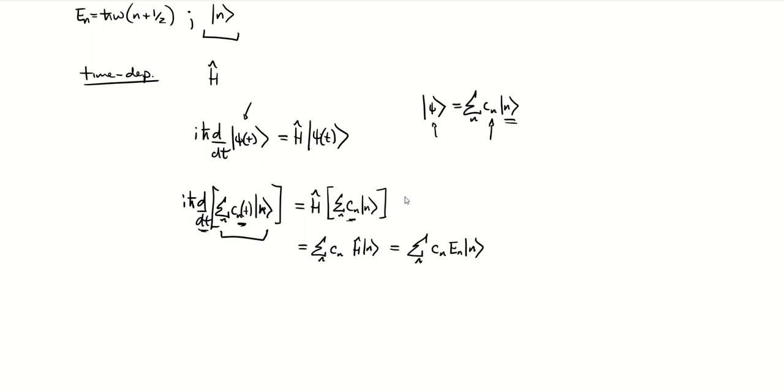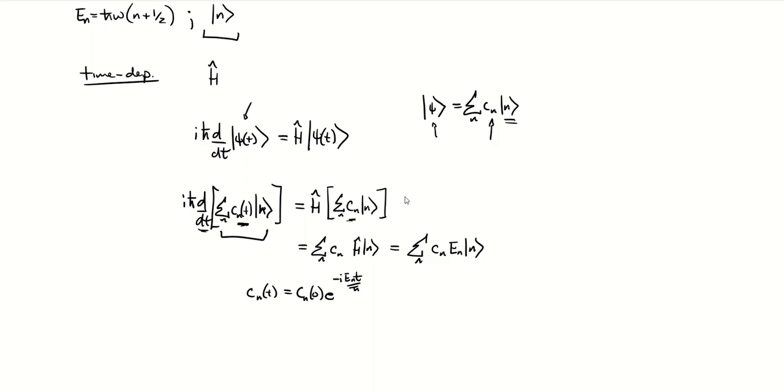This derivative, again, is 0 for everything except those coefficients. So we get a differential equation for our time-dependent coefficients, and the solution to that, if you recall from last semester, was essentially the coefficient at the initial condition at t equals 0 times e to the negative i En t over h bar.